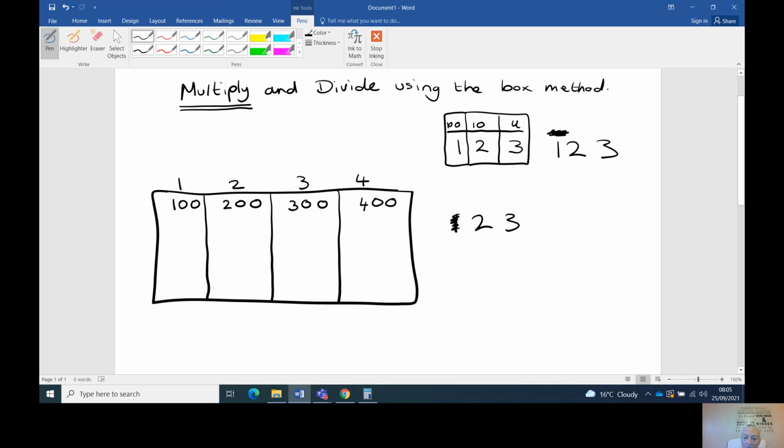So that's the 1 done. Now that was my hundreds. This is my tens. So it's 1 zero. And I'm going to do that straight away. 0, 0, 0, 0. See how I put it at the end, yeah? Now I can ignore that.